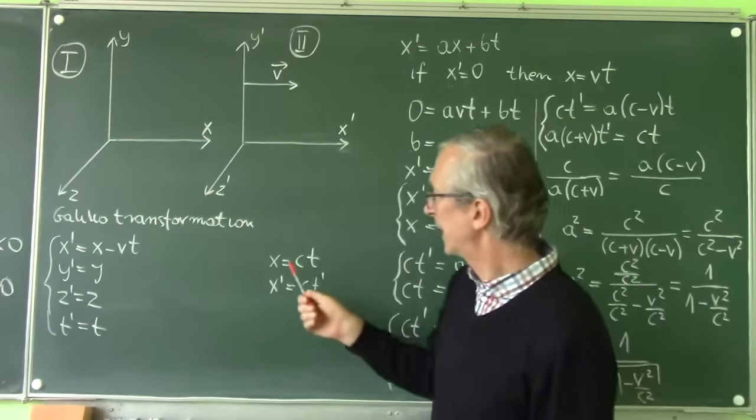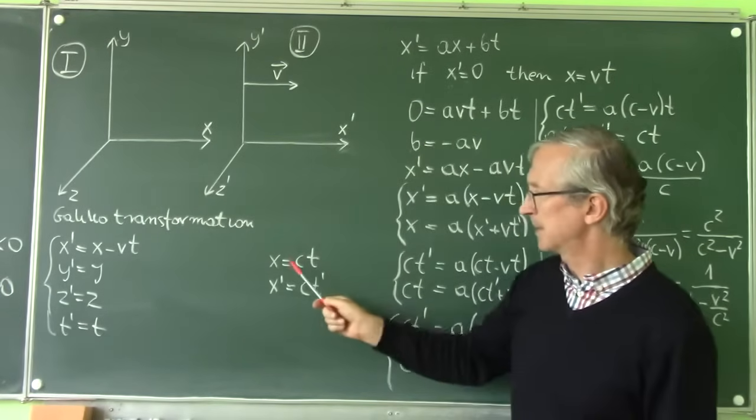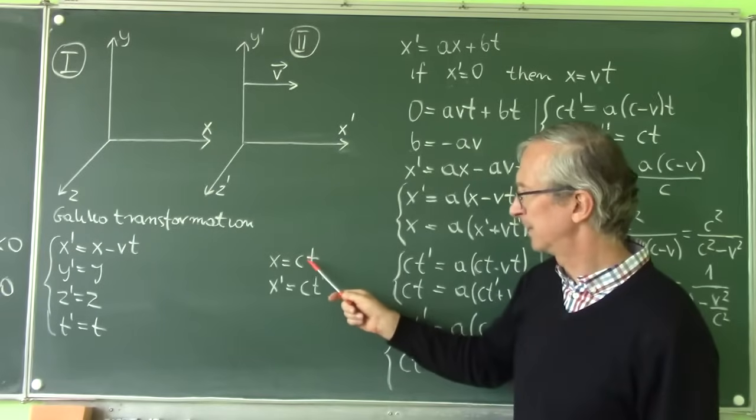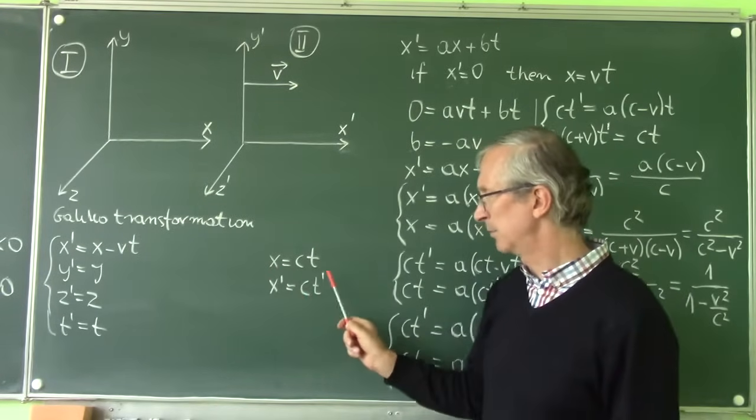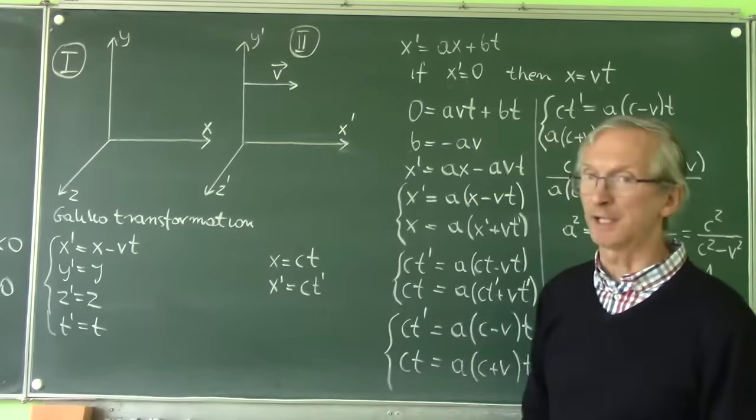Then we could write that x is equal c times t and x dash is equal c times t dash.